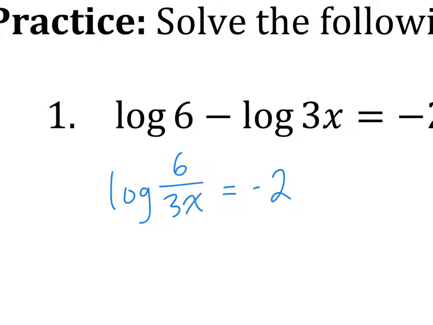Now what? What's the base on this log? 10. So I should raise both sides by what number? 10. So I'm going to raise both sides by 10. That's gone. 6 over 3x is equal to 10 to the negative 2. 10 to the negative 2 is what? 1 over 100.